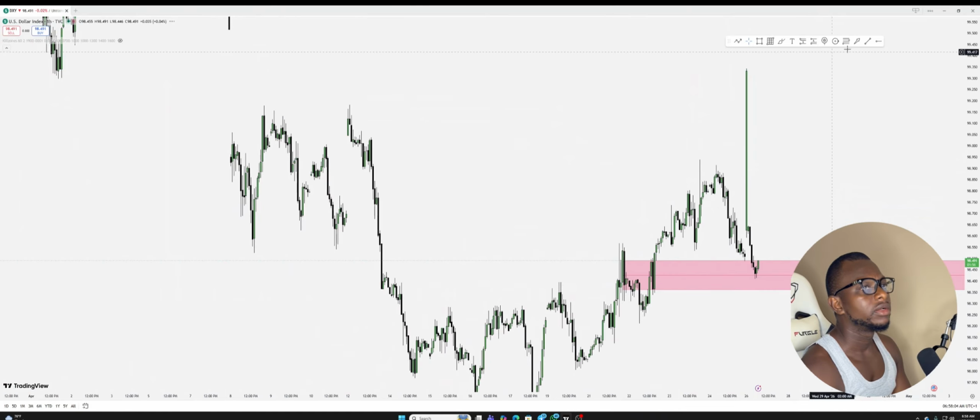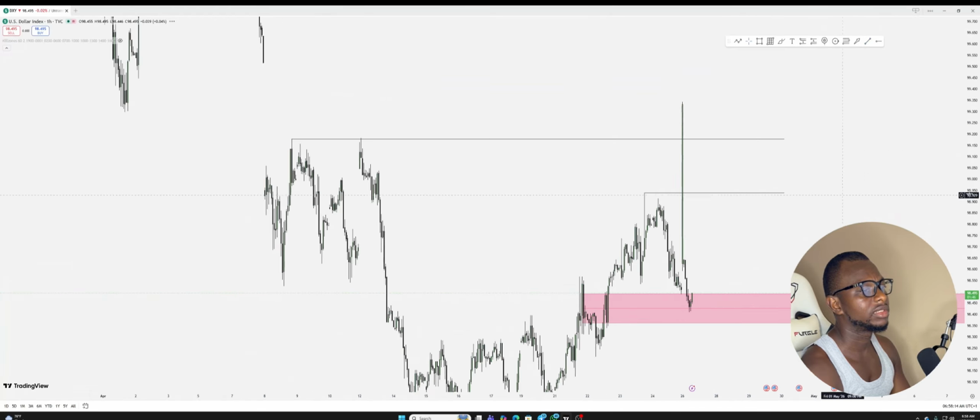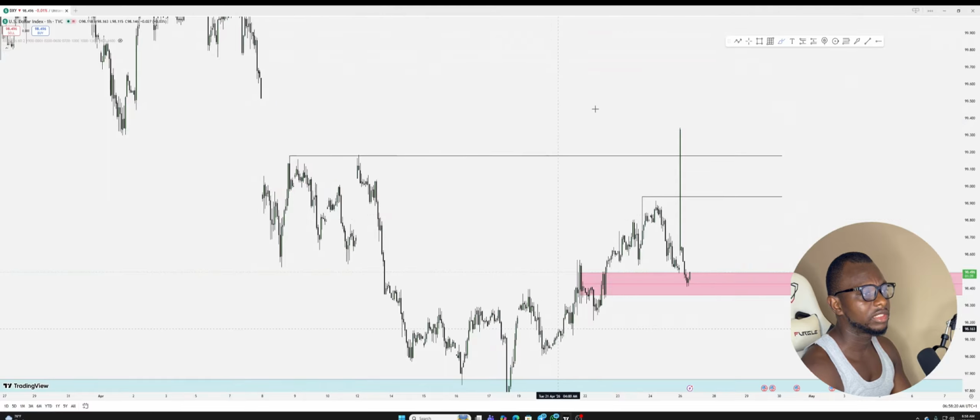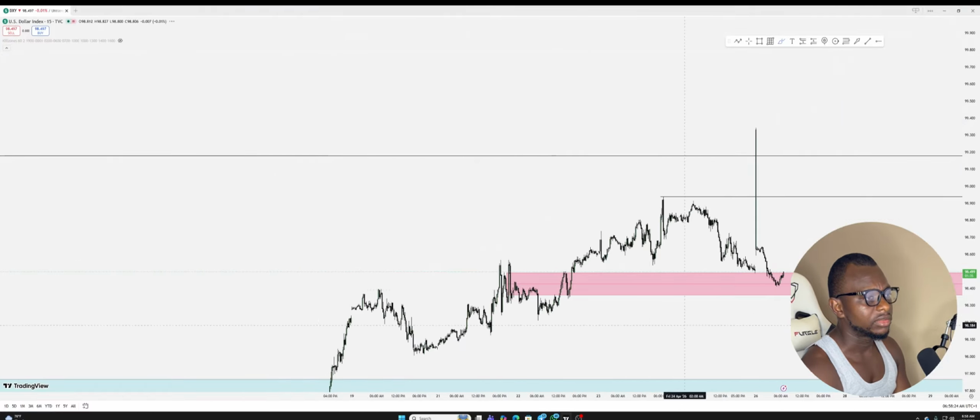So this is my first target, and this will be my second target. Almost these relative equal highs right there, and then you can see that we have this void right here. So price is definitely coming to fill in that void on the 15-minute time frame.